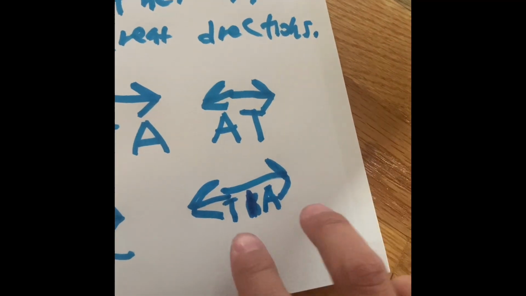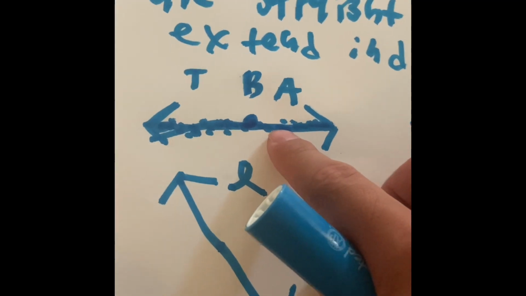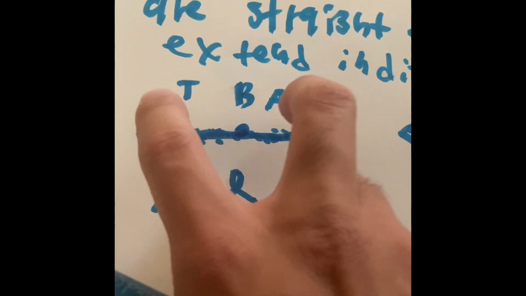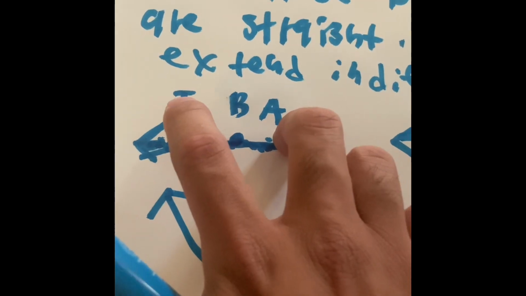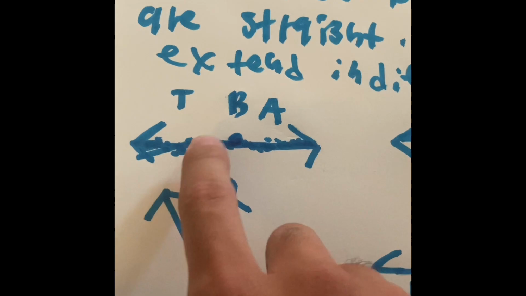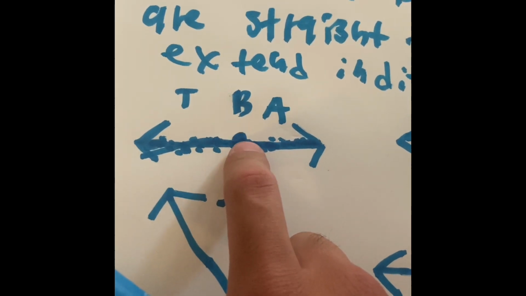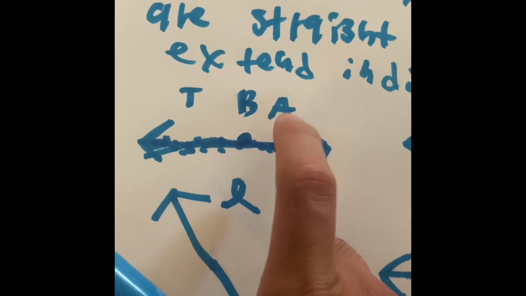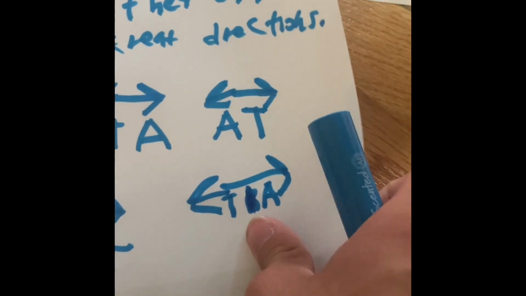You can only use the ones that give the most information, which are usually the outer points. So T and A give the most information. B does give information, but not enough, and B is in the middle of the line, so it doesn't really help us. You cannot name a line with 3 letters.